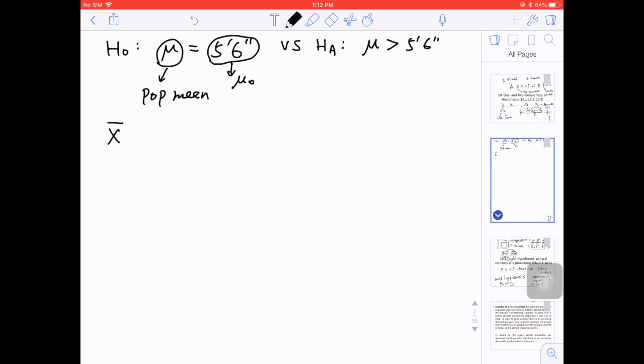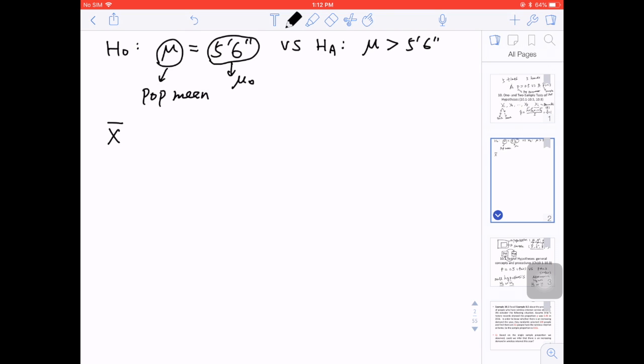Okay, so this is my test statistic. This is my test statistic. And I'm going to create a rejection region to decide whether H0 is correct or the alternative hypothesis HA is correct from a probability point of view.